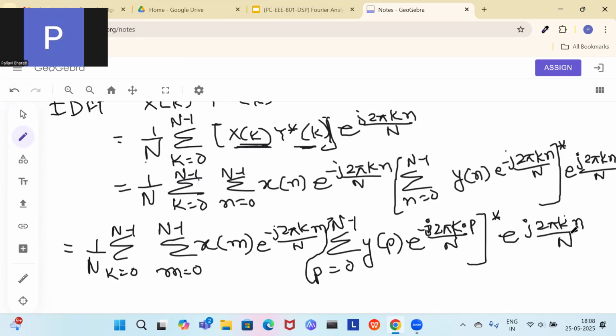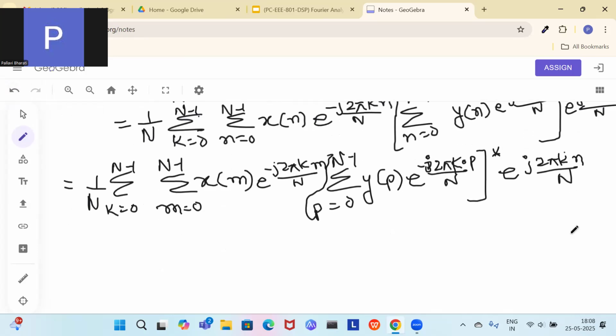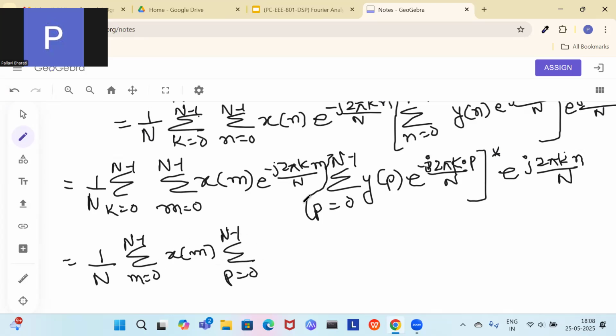Now I will take x of m and y of p outside: 1 by N, m equals 0 to N minus 1, x of m, p equals 0 to N minus 1. Now here this y of p I will change to y star of p. Okay.